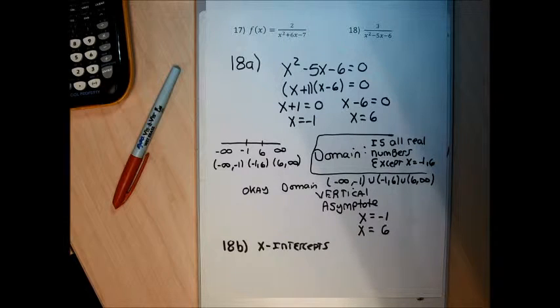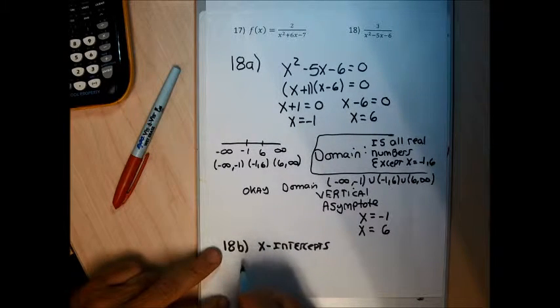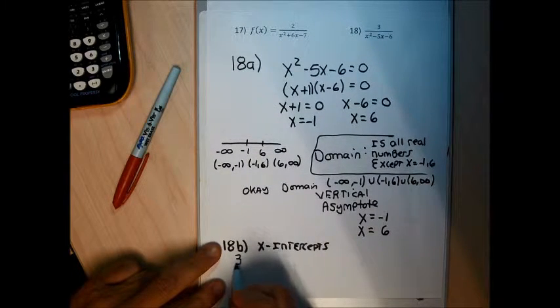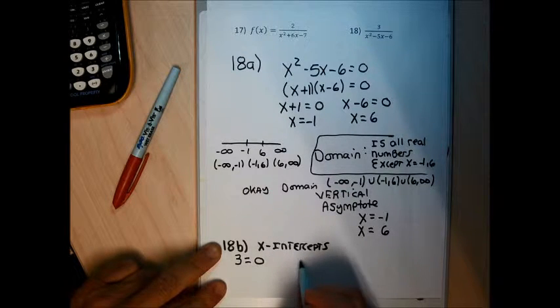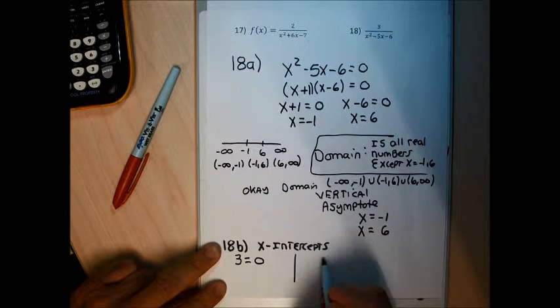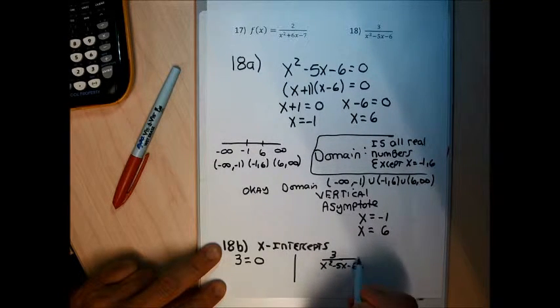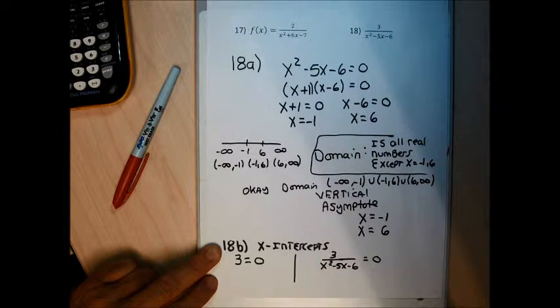The harder but equivalent way to do it is to set the whole fraction equal to 0. So I could have just said 3 equal to 0, or I could take the whole fraction, 3 over x squared minus 5x minus 6, equal to 0. Those will give me the same answers.